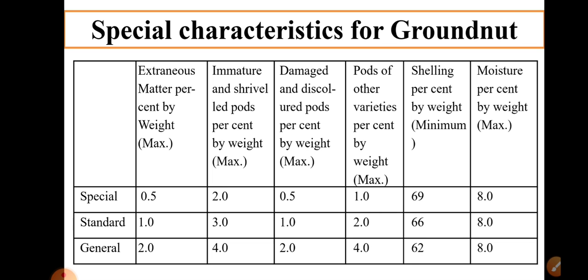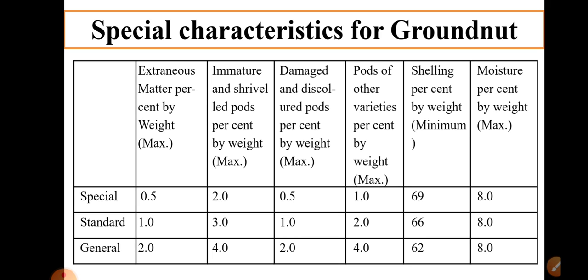Then we have seen the special characteristics required for groundnut. Groundnut is categorized into three categories: special, standard and general, or we can say class 1, class 2 and class 3. For these grade standards, we have seen the minimum shelling percentage.